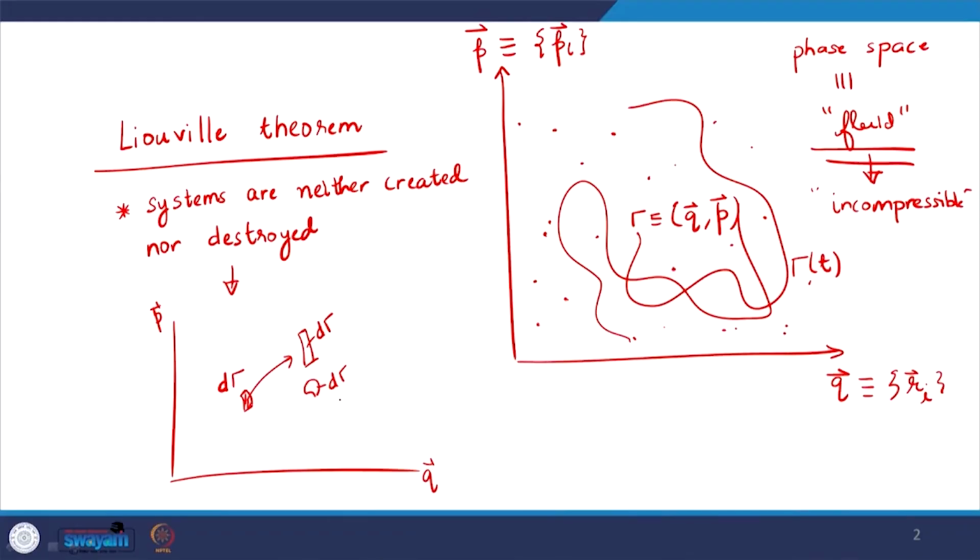But since the systems are neither created nor destroyed, what we can then say, as a consequence of the incompressibility assumption, is that the volume of that phase space element is constant. That is similar to what happens in an incompressible fluid.